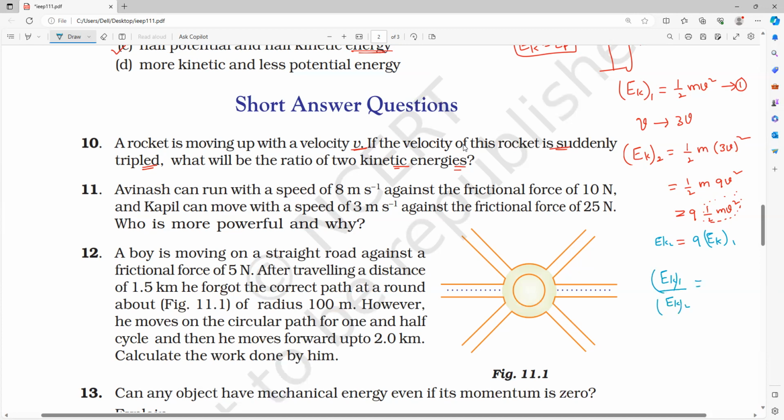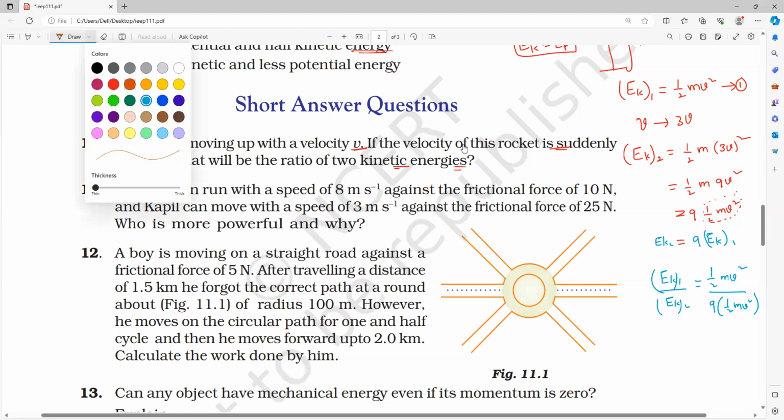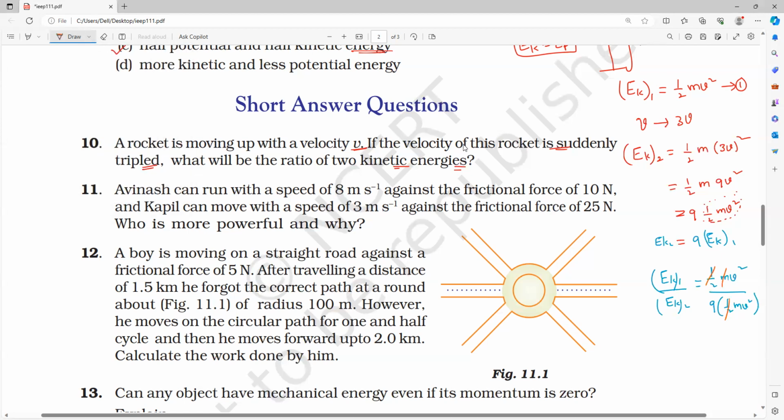EK1 is half m v square, and EK2 is 9 times half m v square. Half and half cancel, m and m cancel, v square and v square cancel. So EK1 divided by EK2 is equal to 1 by 9. The ratio is 1 is to 9. Do it. Neatly need to solve.